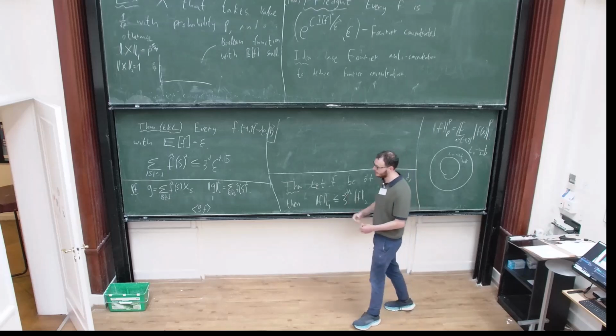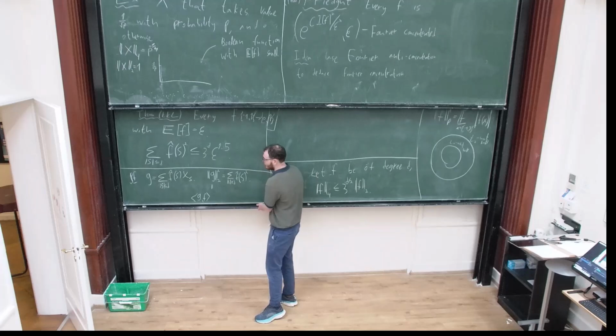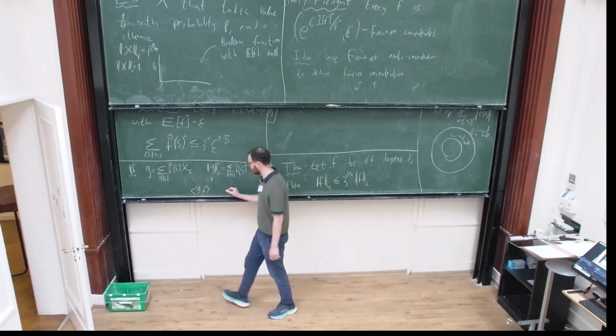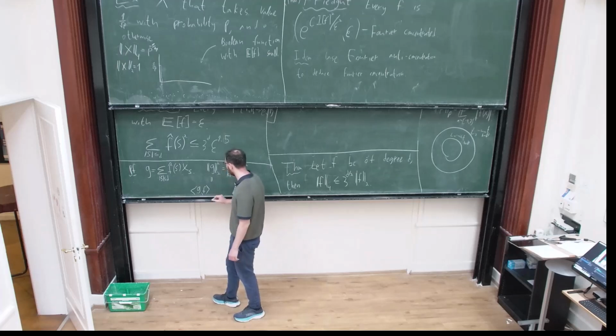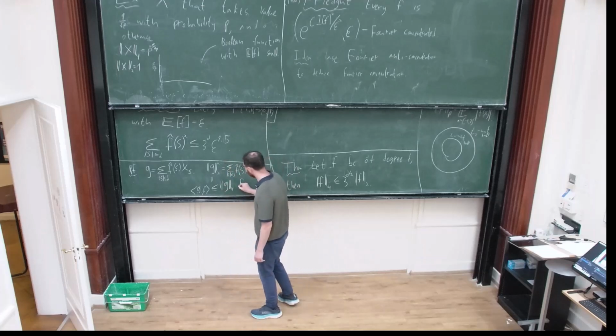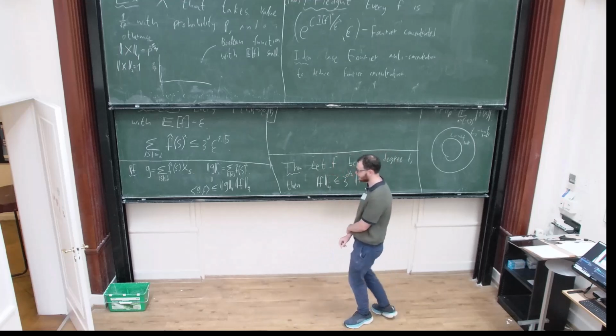And we're going to use that to say that g and f are not correlated. So this is by application of Hölder's inequality. We can say that this is at most the 3/2 norm of g times the third norm of f.